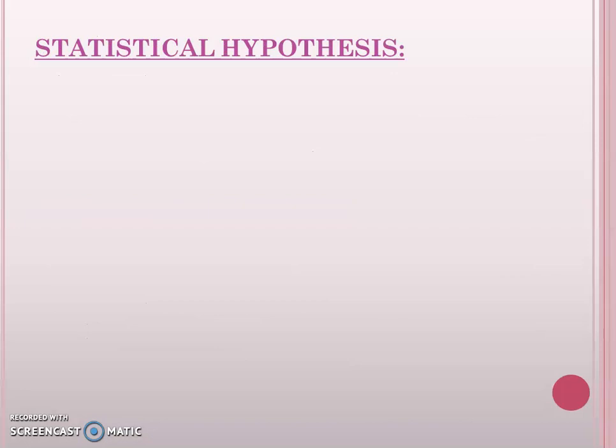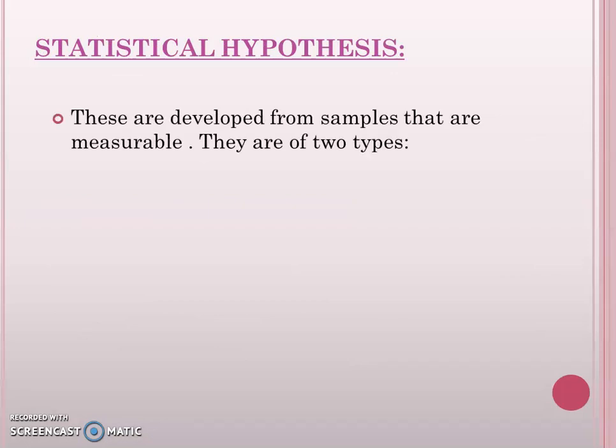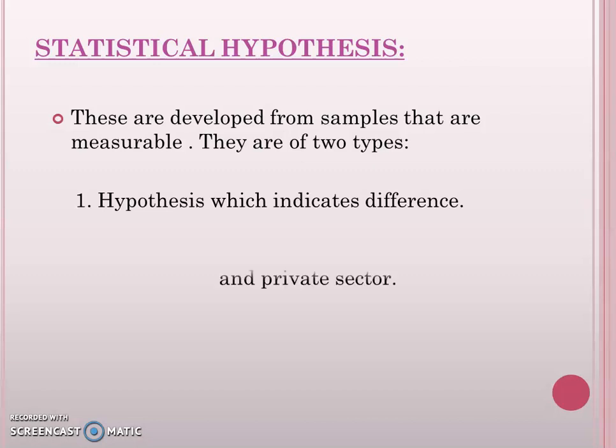Another one is the statistical hypothesis. These are developed from samples that are measurable. So we have to quantify and analyze and prove our statement or hypothesis. There are generally two types. One is a hypothesis which indicates a difference.